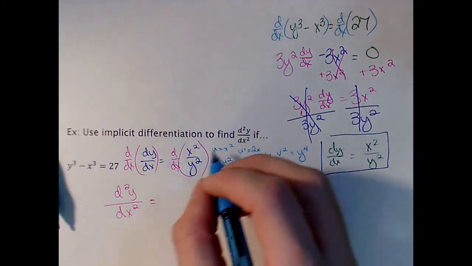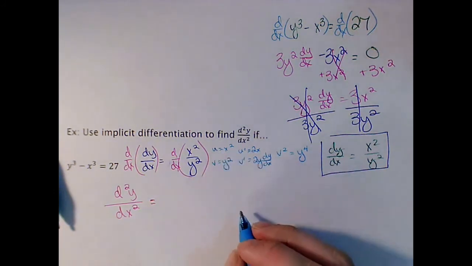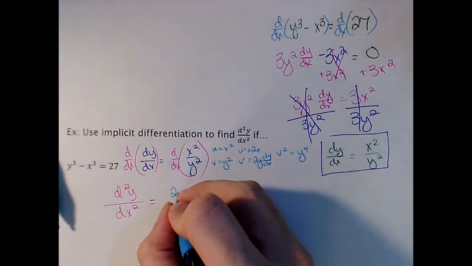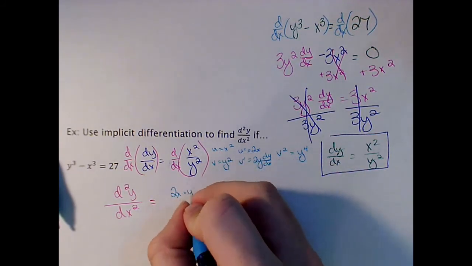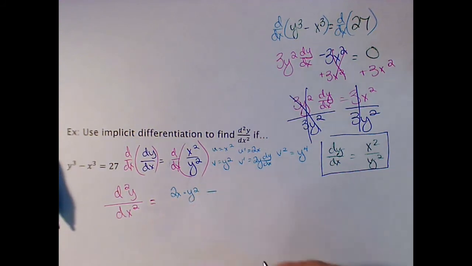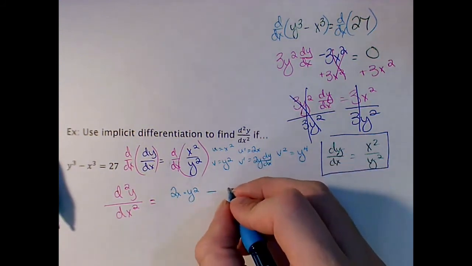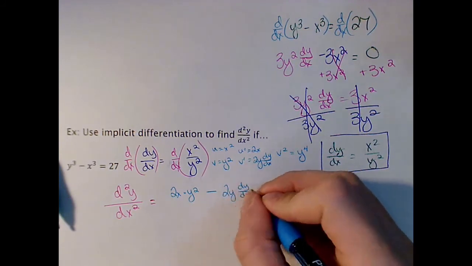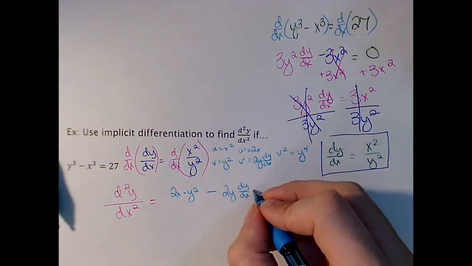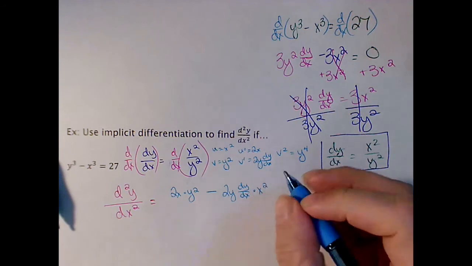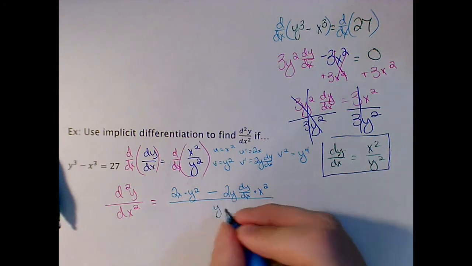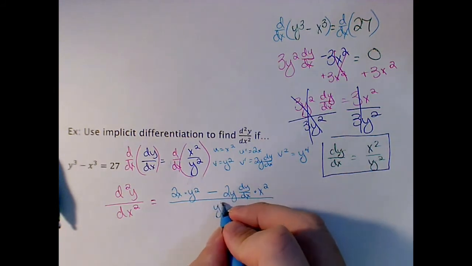Okay, so quotient rule is u prime v, so 2x times y squared, minus v prime u, so 2y dy/dx times x squared, all over y to the fourth.